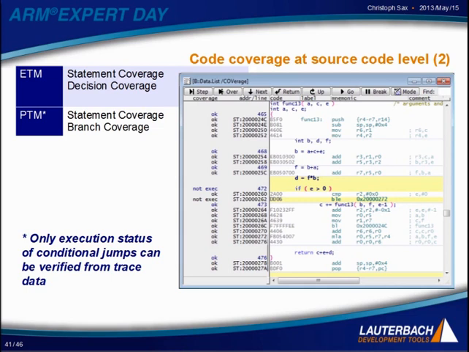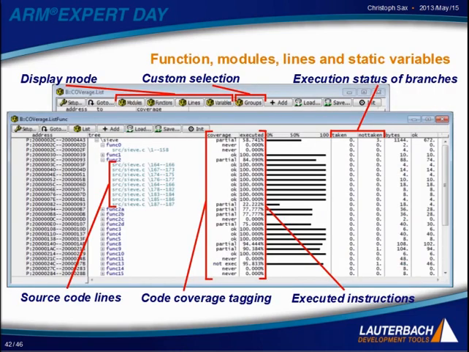What we do is just map this information to the source code, and now we can say that this if block does not meet the requirements of decision or branch coverage, because it has not been fully covered yet. To sum this up, if we have the trace information of an ETM, we can show statement and decision coverage at source code level, and if we have trace information of a PTM, we can show statement coverage and branch coverage.